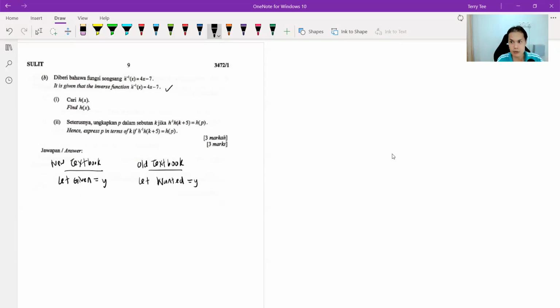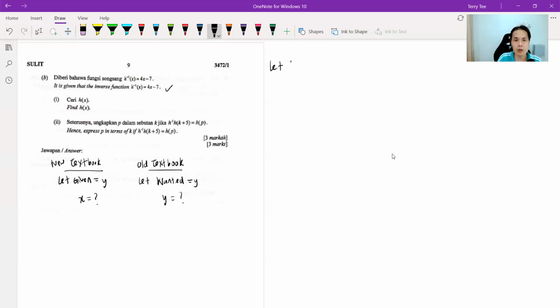So that is the difference. Because when you let whatever you're given equal y, you're finding x, making x the subject. If you let whatever you want to find be y, you are finding y, making y the subject. So I don't want to show you too many methods. If you're more familiar with the new textbook method, go ahead and use that method. It's just x and y the other way around.